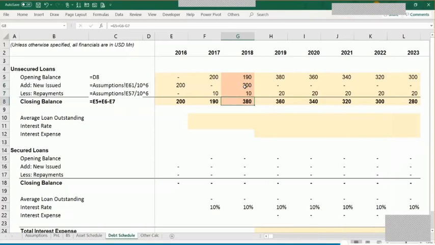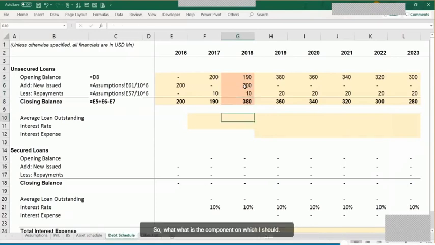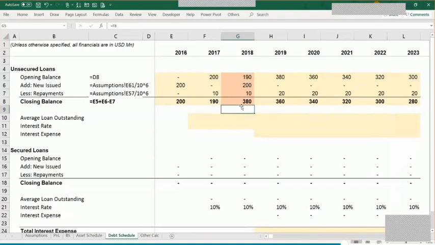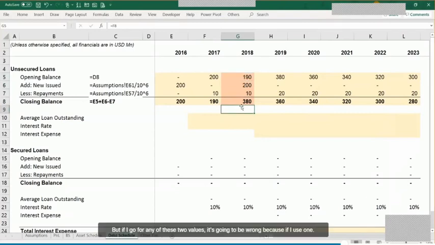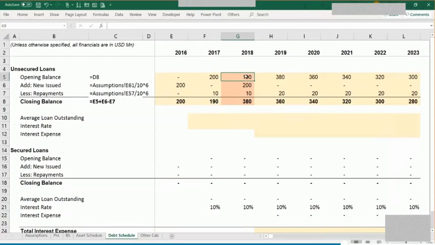So what is the component on which I should be computing the interest cost? Because I can either compute it on 190 or I can compute it on 380. But if I go for any of these two values, then it's going to be wrong. Because if I use 190, then I am indirectly assuming that this 200 would have been raised at the end of the year.